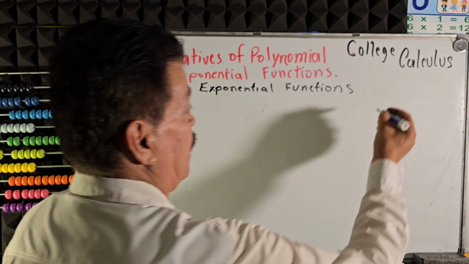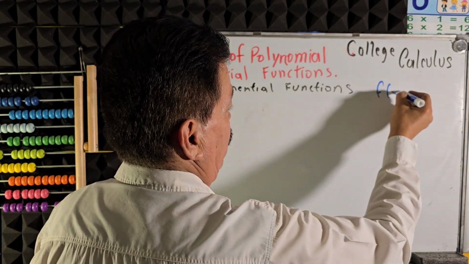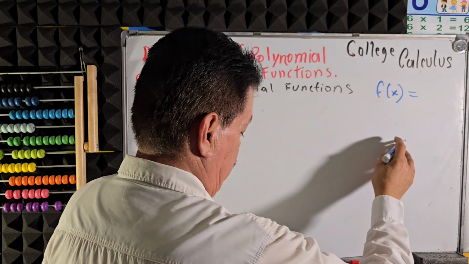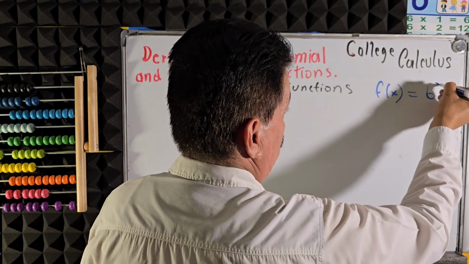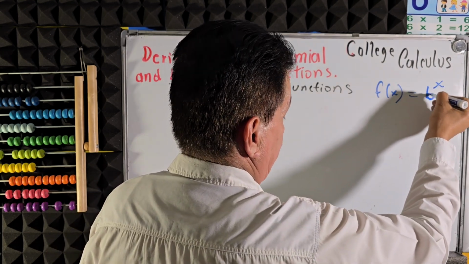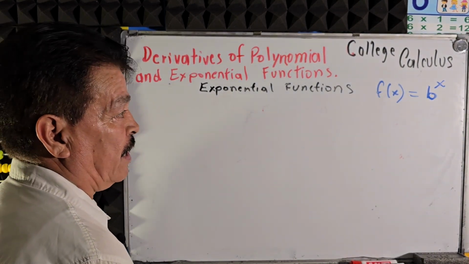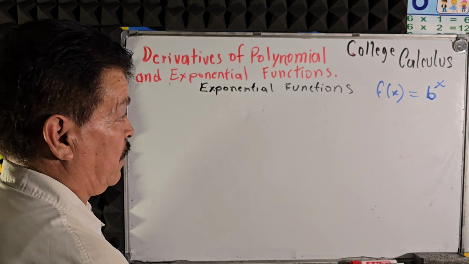For instance, if we have f of x equals b to the x power. On using the derivatives, we have to use the derivative.